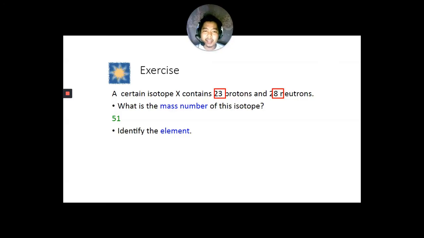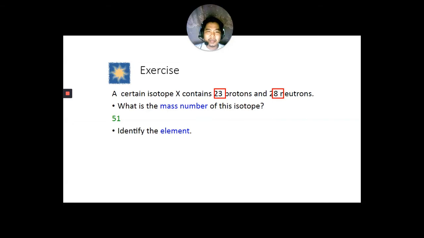Now, what is the element? Hopefully, you have your periodic table with you as we are proceeding. Sige, what is the element? Some of you probably look at atomic number 51 and there you'll get a wrong answer.